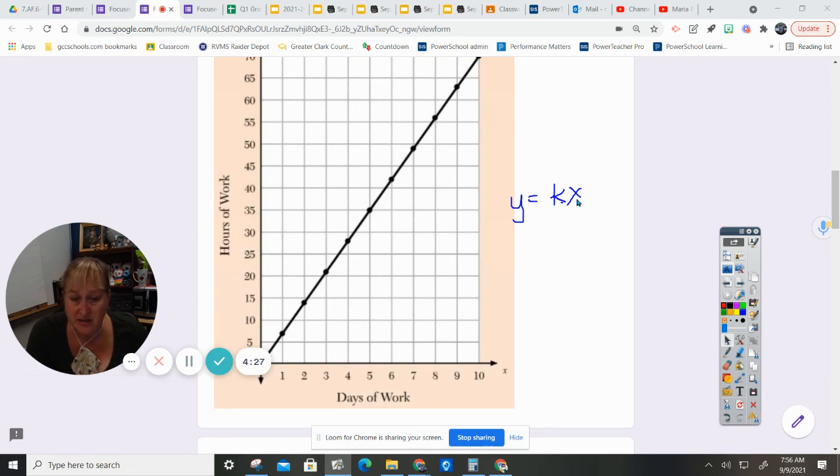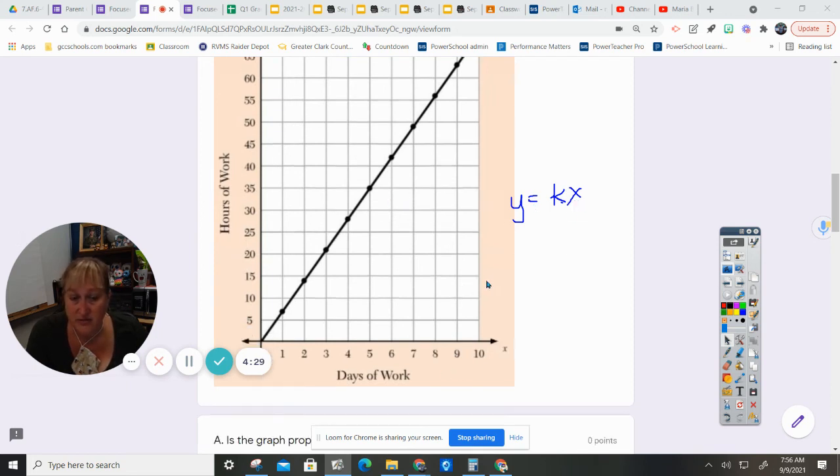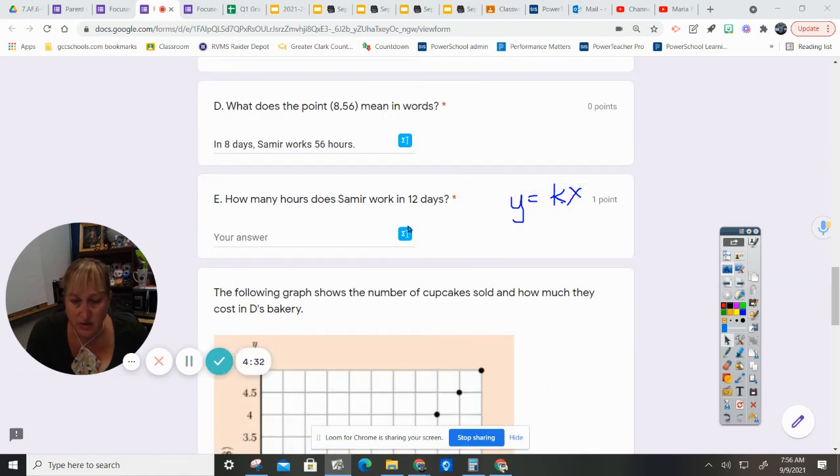But I can substitute in an x to find the y. So if it says 12 days, the 12 is the x. And then we determined the k was 7. And then that can tell us our answer. So we have to do 7 times 12. I'm going to use my calculator.